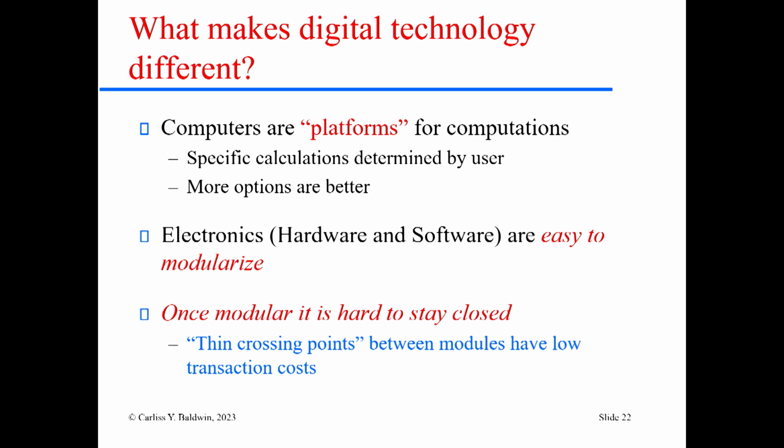Because if you went down to the tasks and transfers, what you would have done to the structure of them is you would create a lot of thin crossing points in that big blob. And those thin crossing points are points of low transaction costs because what flows across a thin crossing point is much simpler than what flows around in an interdependent system.